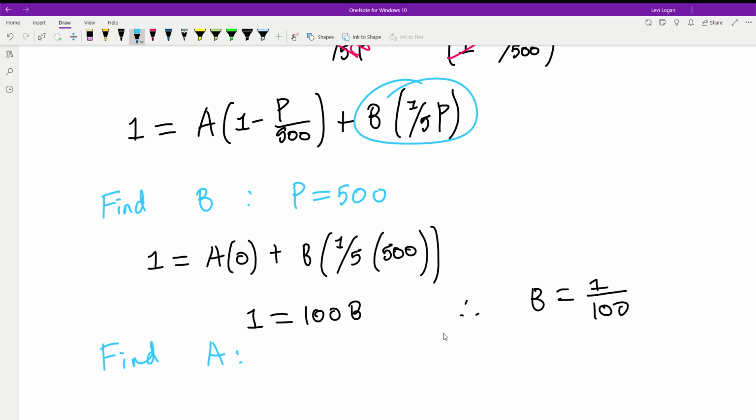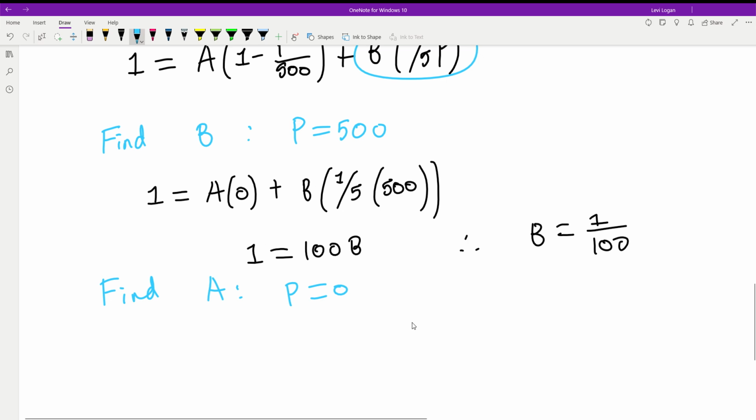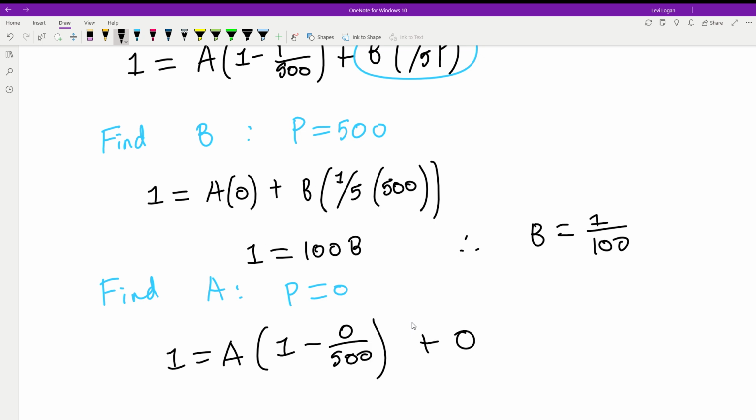Now this is quite easy. I can just let P equal to 0, because that'll just be 0 there. Okay. Then in this case here, we'll get 1 equals A times by 1 minus 0 over 500 plus 0. So here we get A is actually equal to 1, because that disappears, so we have A times 1 equals 1, so A is 1 in this case here.